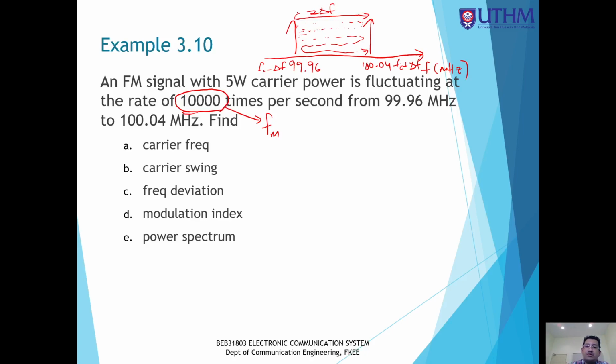Okay, so this is what we call the carrier swing, the total range of fluctuations from the lowest frequency to the highest frequency.